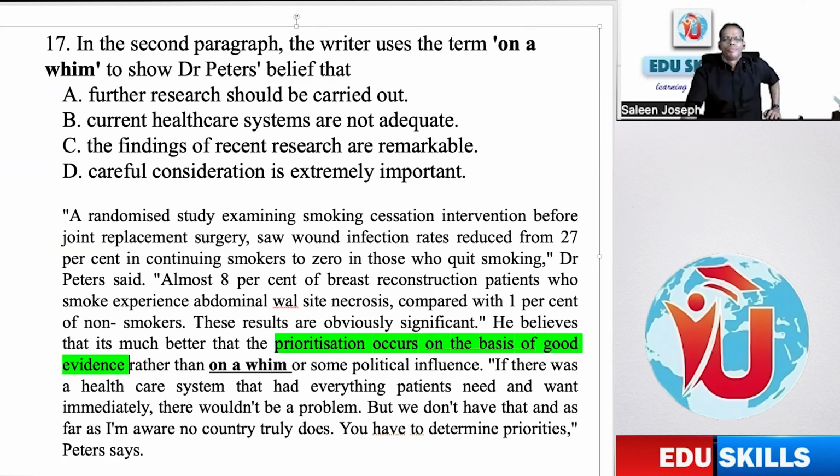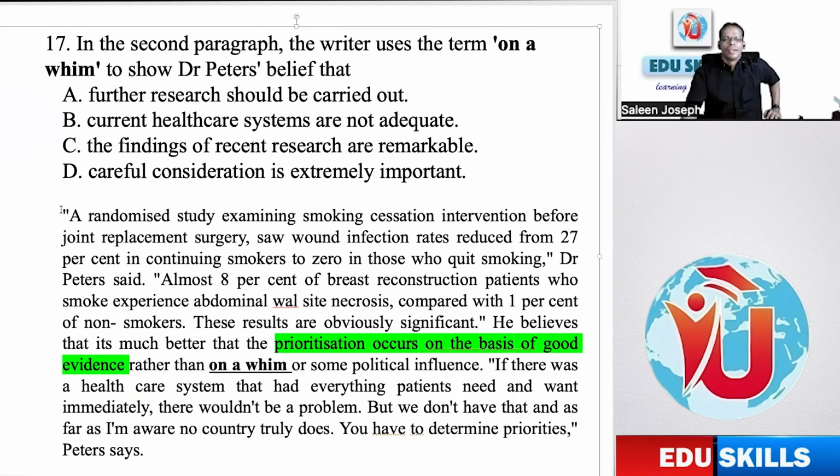Research. See, further research, A, the findings of research. Is it the answer? The findings. See, in the second paragraph, the writer uses the term on a whim to show Dr. Peters' belief that the findings of recent research are remarkable. Did he say that?